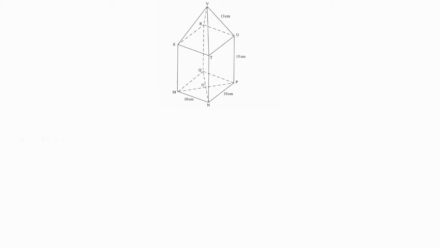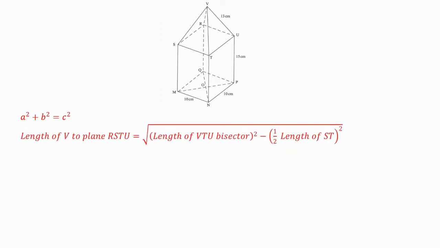So, using Pythagoras theorem, the length of V to plane RSTU will be the length of the bisector of triangle VTU and half the length of ST, both squared, then we find the square root.